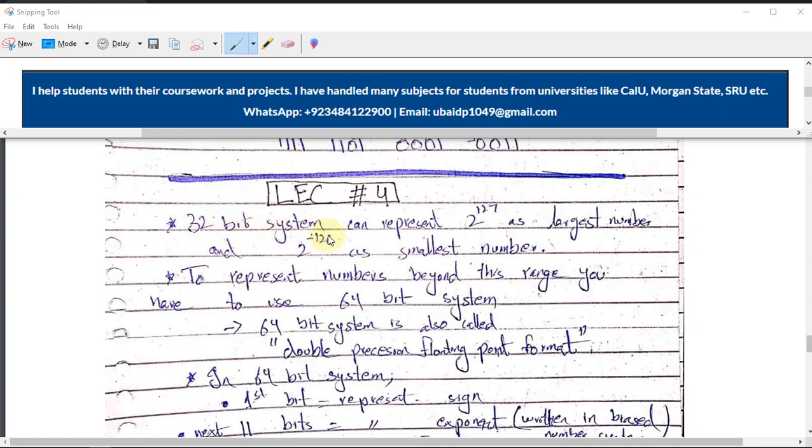A 32-bit system can represent 2 to the power 127 as the largest number and minus 2 to the power 126 as the smallest number.